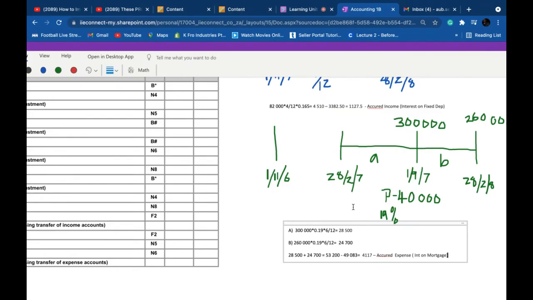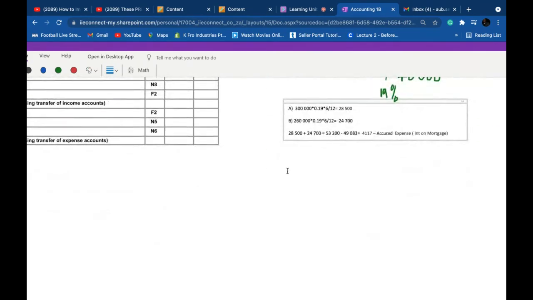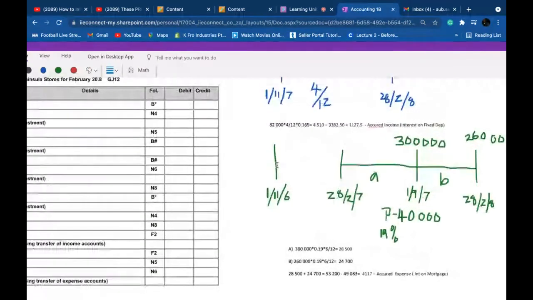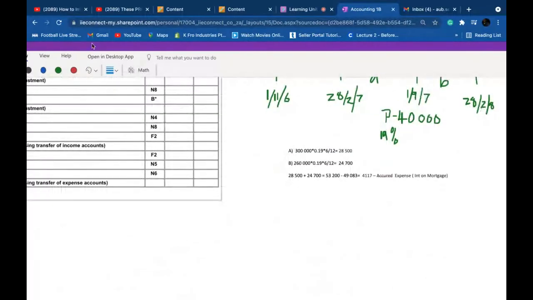Then we move on to the next additional information point. Guys, you're going to draw timelines for all of these, eh? Very rarely will you not draw a timeline. In fact, I would encourage that you always do, just so you get the full perspective of what's going on.